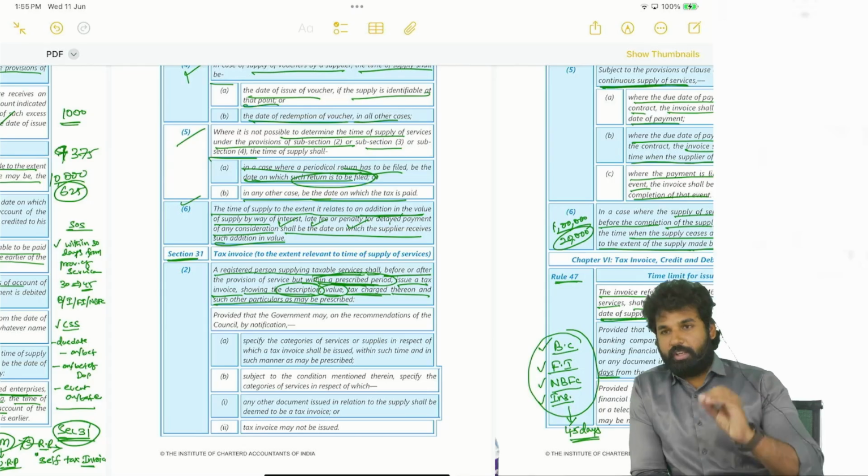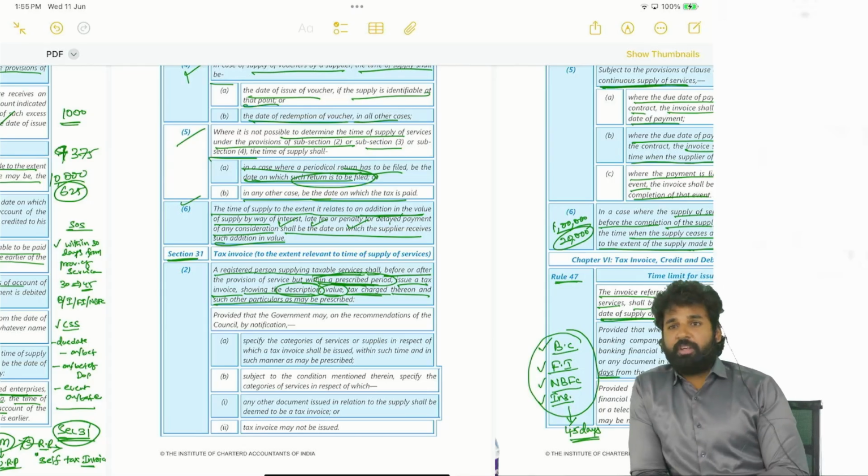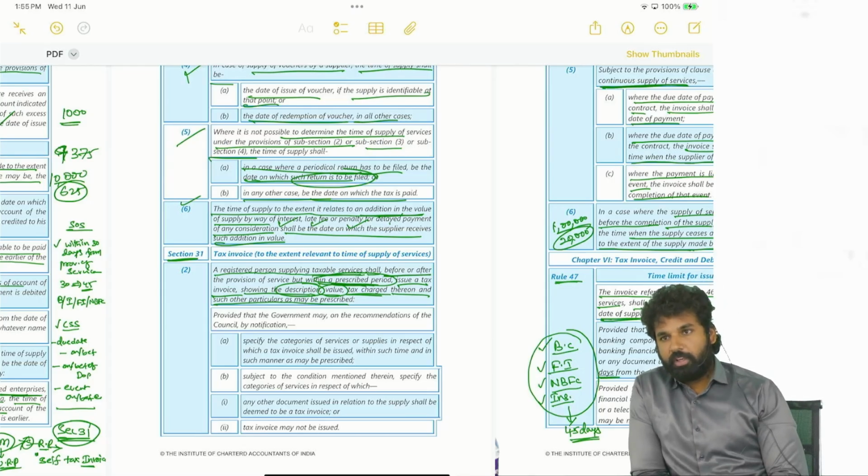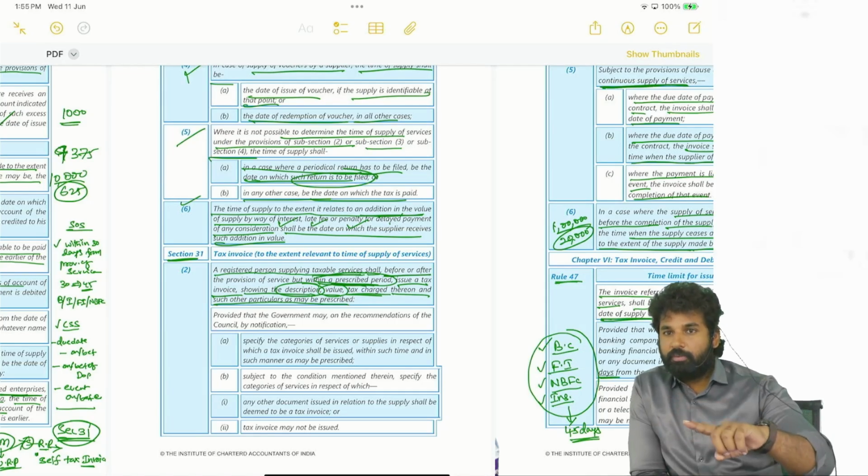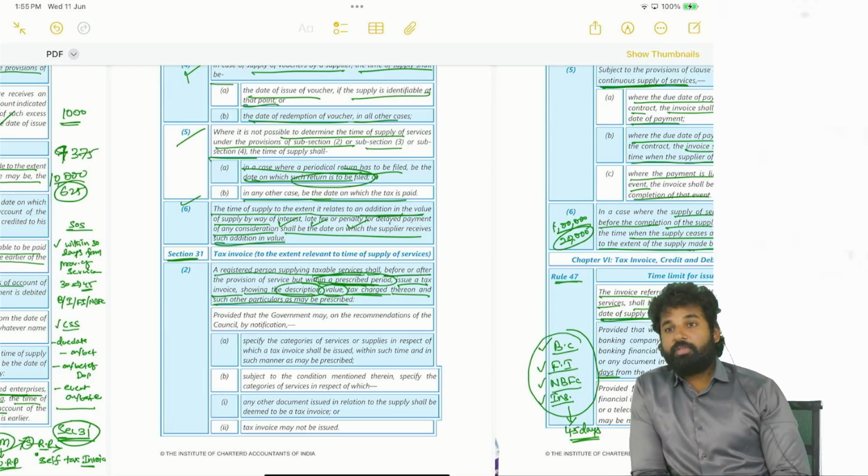Next, in case of reverse charge mechanism, what is the time of supply of service? Date of payment or the 61st day from the date of invoice, that is invoice date plus 60 days, whichever is earlier.